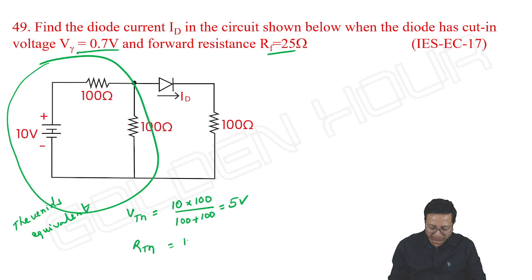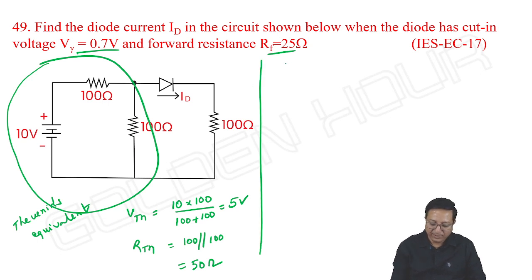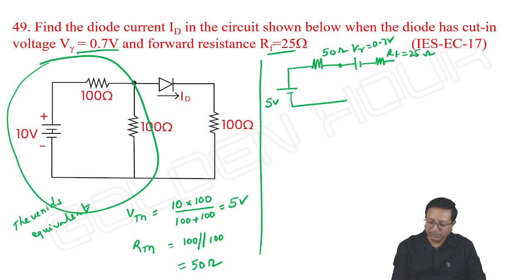And R Thevenin is 100 ohms parallel with 100 ohms, that is 50 ohms. Then I take its Thevenin's equivalent circuit: 5 volts, 50 ohms. After that, instead of the diode, I write V gamma in series with RF: 0.7 volts, RF is 25 ohms. This is 100 ohms.